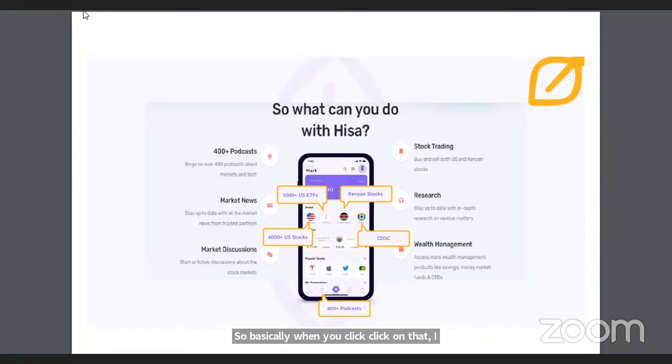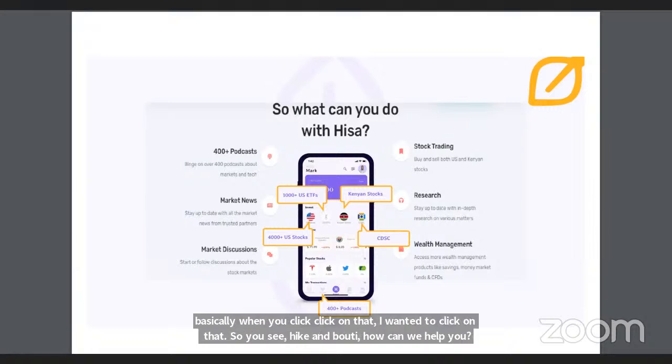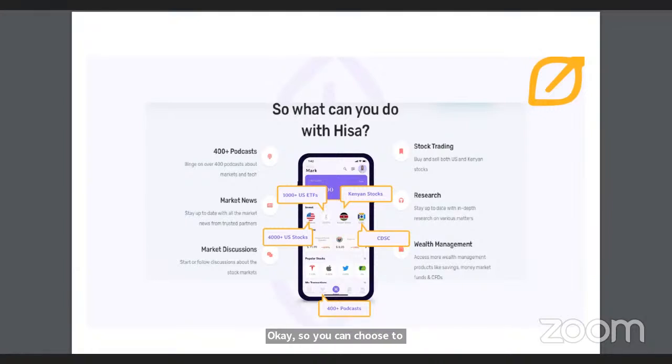So you'll see, hi Kembati, how can we help you? You can choose to send a message, or you can choose to search for help. When you search for help, you'll be able to see some helpful articles too, which you can read. So that's under the customer care button.